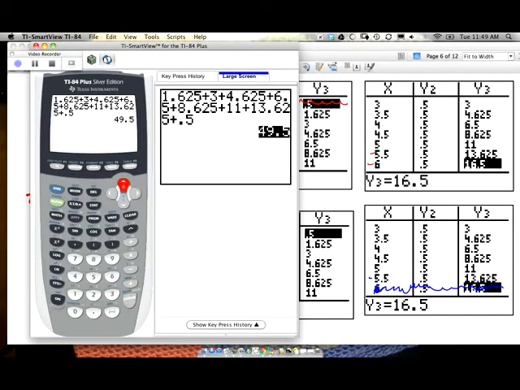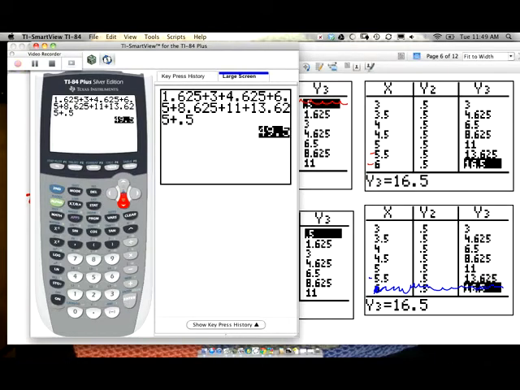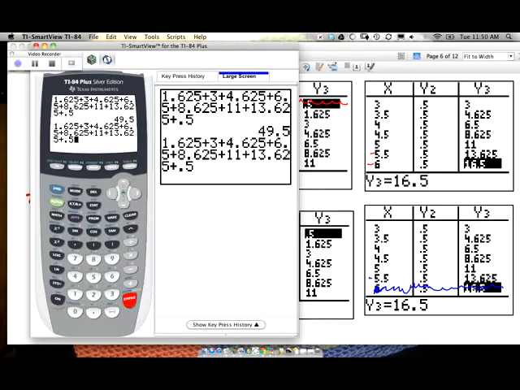Oh, we got a double plus sign. 49.5. So our two answers, oh, we didn't even see the last one. What was it? I'm going to go ahead and re-enter what we need here. There should be a difference of 16.